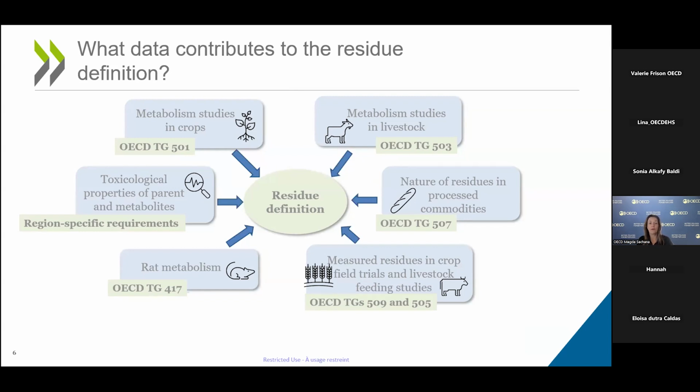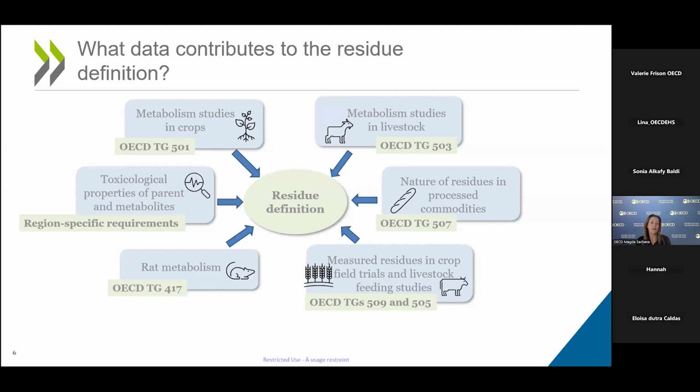We are looking for the nature of residues in processed commodities, and how residues are identified in crop field trials and livestock feeding studies.